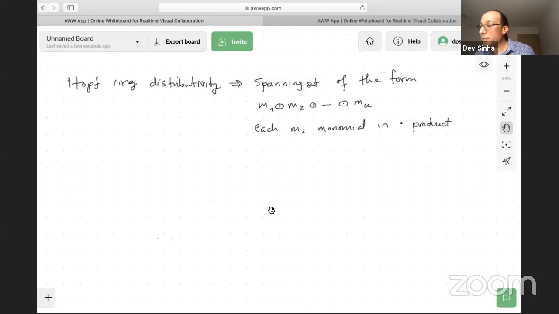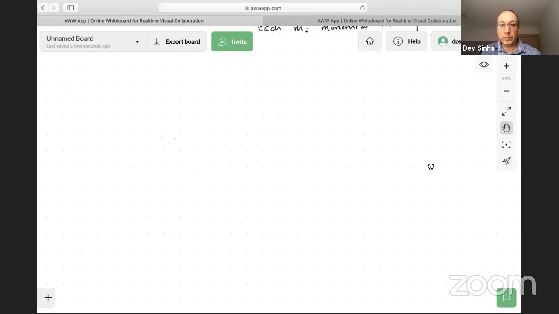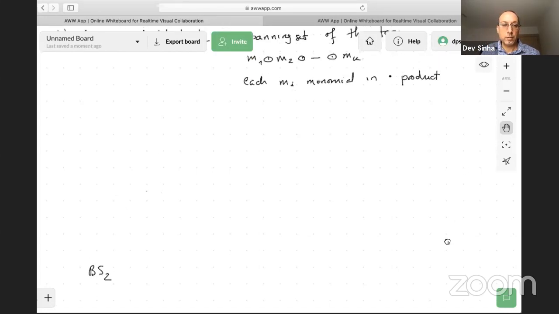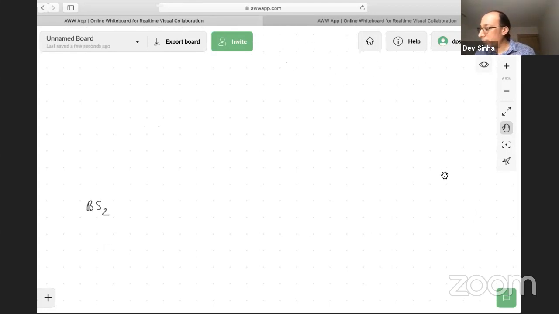So now let's understand what the statement that we made on the left implies for the cohomology of symmetric groups. So we're going to take symmetric groups one at a time. I'm going to go down below, give myself a little room. Maybe I'll give myself even a little bit more room.